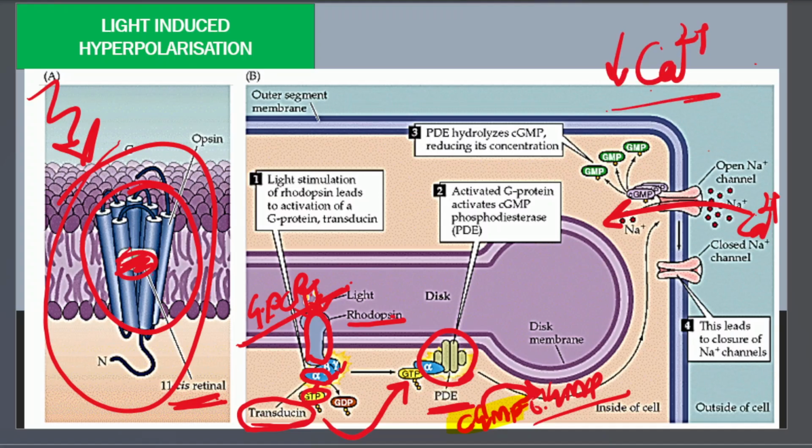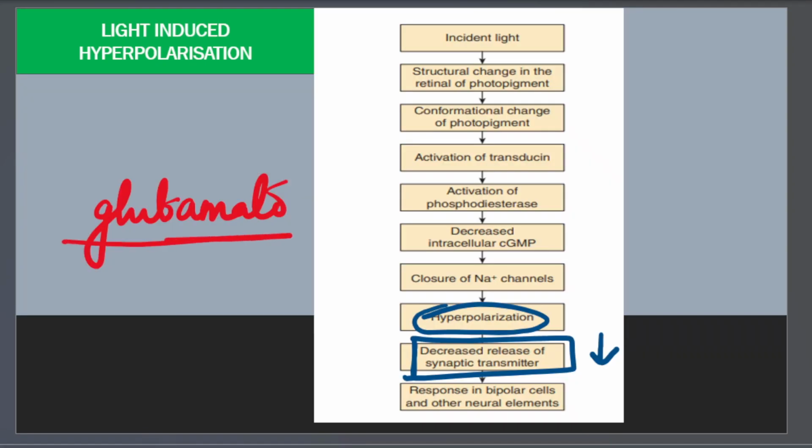You need calcium to release the neurotransmitter from the synaptic terminals, is it not? But since the calcium levels are less, the neurotransmitter release is also less. So the release of glutamate, being the neurotransmitter here, is less. This less release of glutamate is going to bring about a response in the bipolar cells.